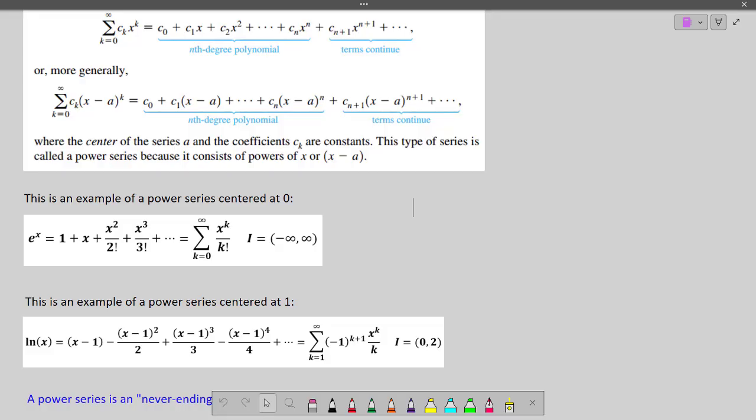So most of the functions we use are these common functions, the ones that are very nicely behaved. But most functions are not nicely behaved. Most functions are going to have this power series form where there's not enough pattern in the coefficients to create an e to the x, a sine x, a cosine x, inverse tangent x. So power series are super important because most functions are actually power series.